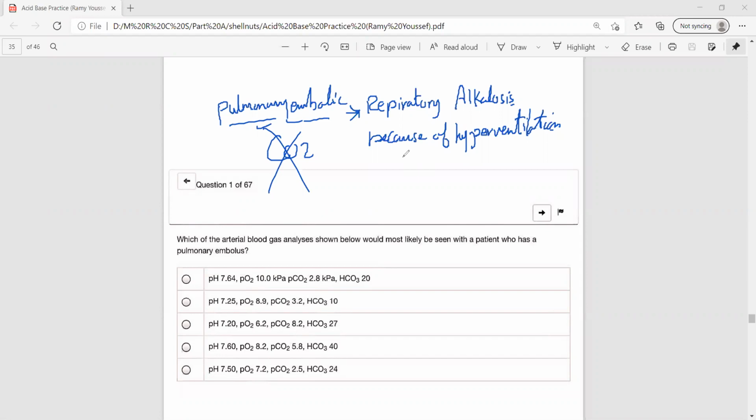I told you, sometimes they give you the problem and want you to know the abnormality, so it will be respiratory alkalosis. By practice, you know all of this.